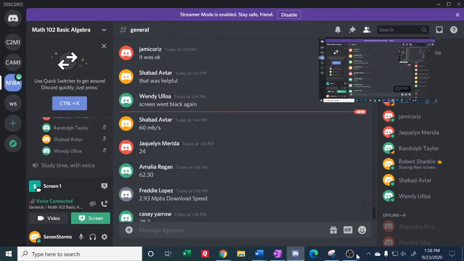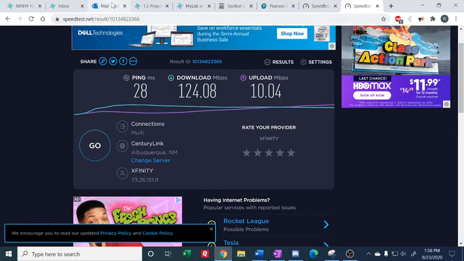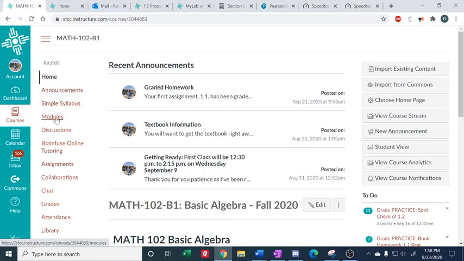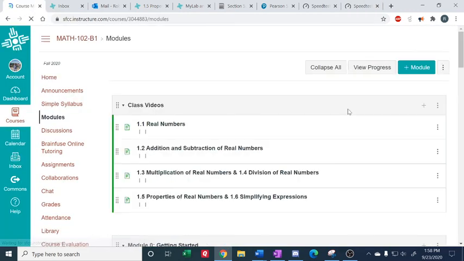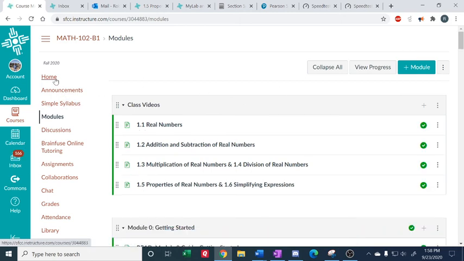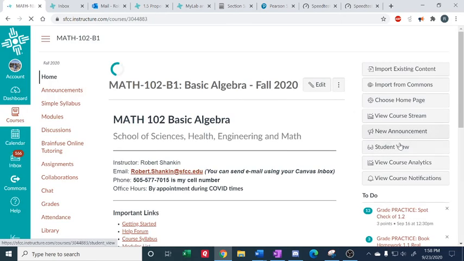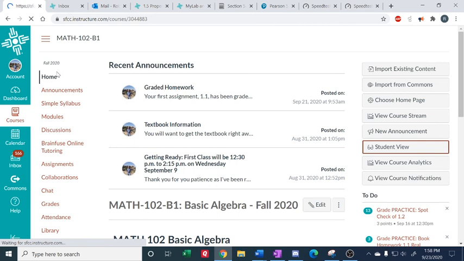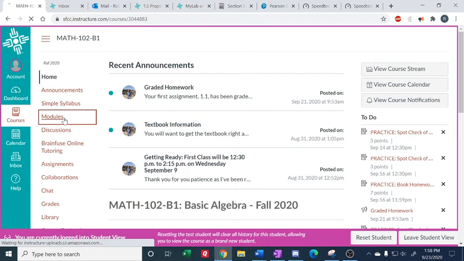All right. So back in the modules, let me go home first and get student view. Now the modules.